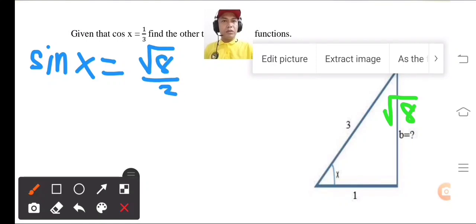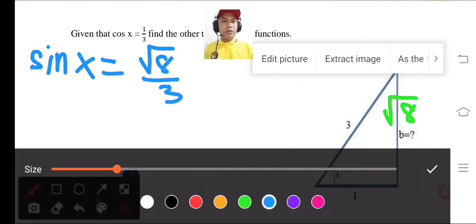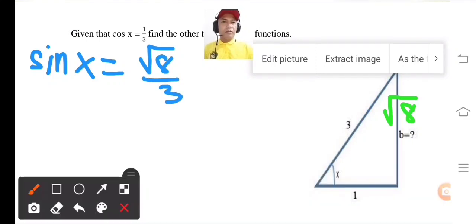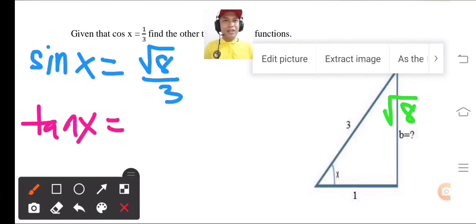For tangent x, it is sine over cosine. So sine is square root of 8 over 3 divided by 1 over 3. So square root of 8 over 3 times 3 over 1. So that is square root of 8. So tangent x is square root of 8.